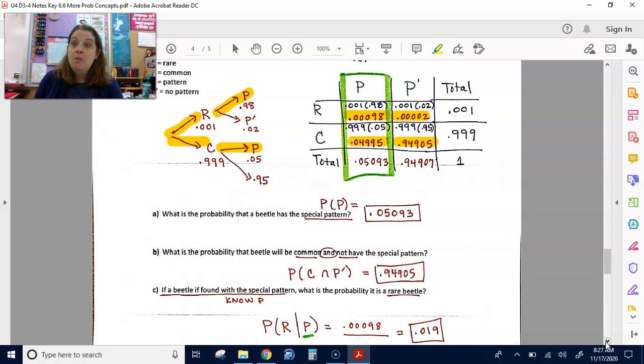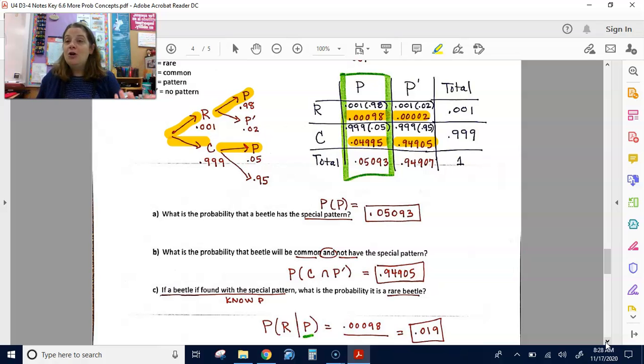All right, think about this. We know that most of the rare species of beetle, 98% of the rare species, have this pattern. But if you find one with the pattern, the chance of it being rare is only about 2%. The reason is that the rare beetles are so rare that 5% of that 0.999 is overwhelming that 98% of that 0.001.